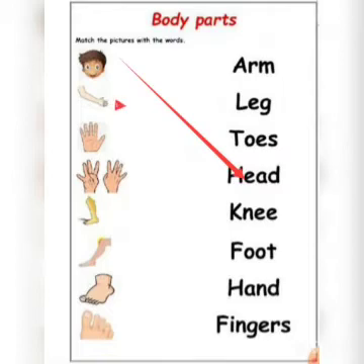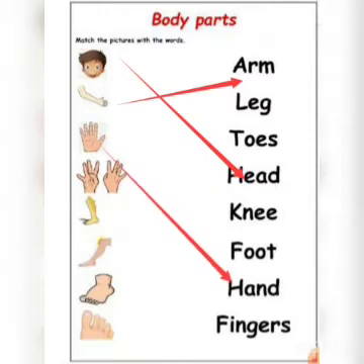Second one, is this a leg or is this a knee? Is this a foot? Is this a hand? This is arm. This one is arm. And this one is hand. Right? And these are fingers.